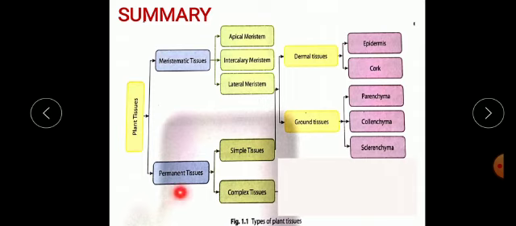Today we have done permanent tissue which are of two types, simple tissue and complex tissue. Simple tissue is divided into two categories, dermal tissue and ground tissue. Dermal tissue is of two types, epidermis and cork. Ground tissue is of three types, parenchyma, collenchyma and sclerenchyma.